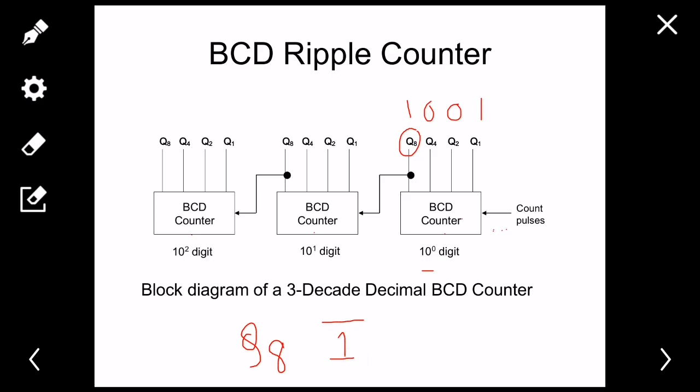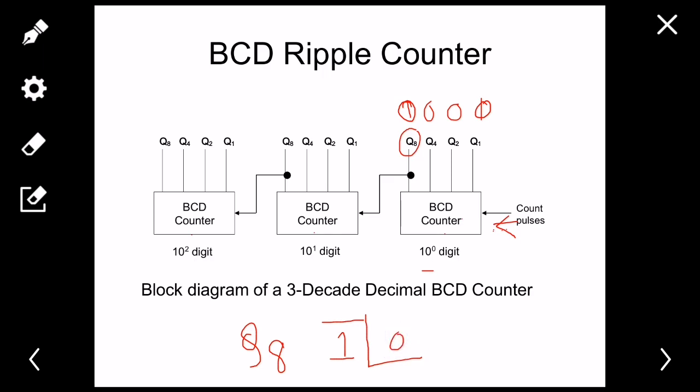But when the next clock edge comes, then it gets to 0. 9 then 0, right? So it goes back to 0. What happens is, it's something like this, it's 0, 1, 0.